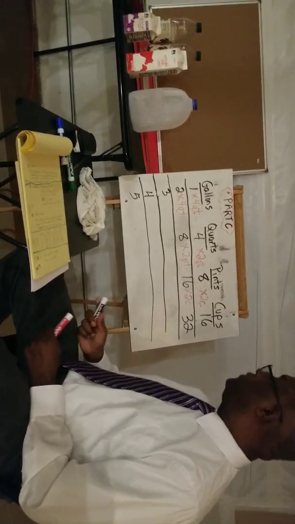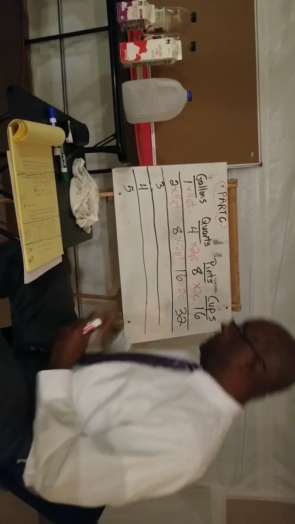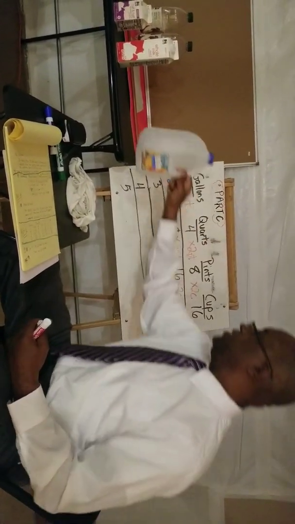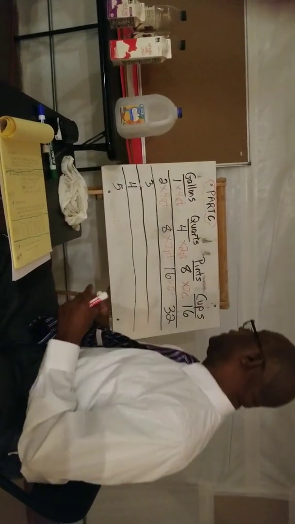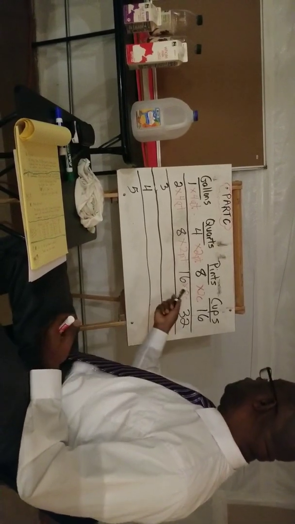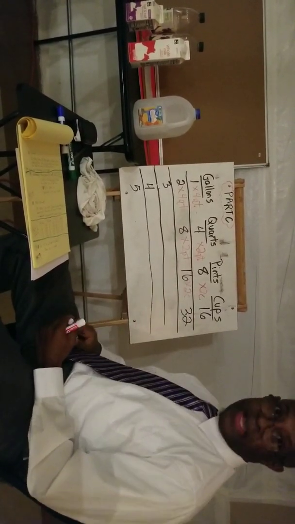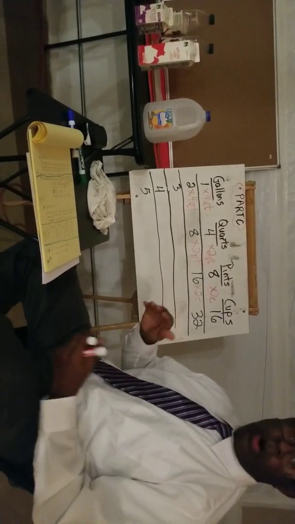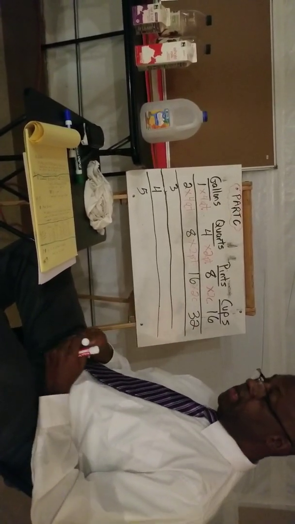So now we know that in 2 gallons, we have 8 quarts. We can put 16 pints or 32 cups. They all are equivalent, or they all mean the same thing.